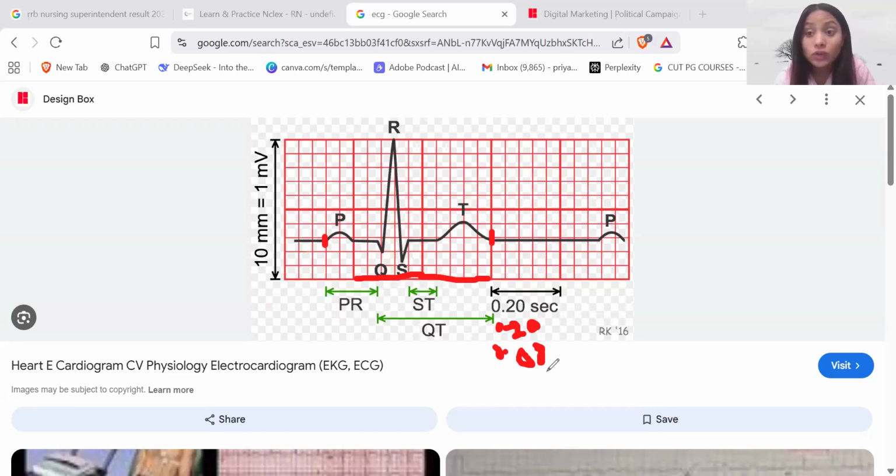It is somewhere around 0.4 to 0.5 second. So how much is this? 0.48. It is around this much, so this is a normal contraction. Got it? Yes or no? And 0.48 is normal.